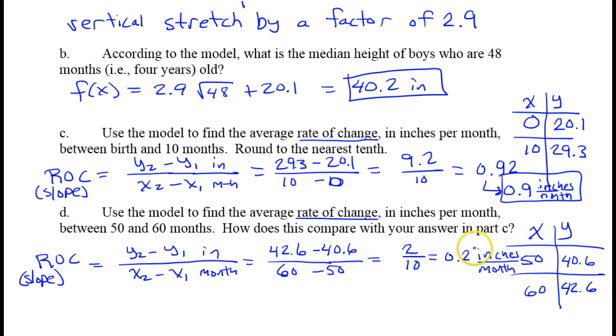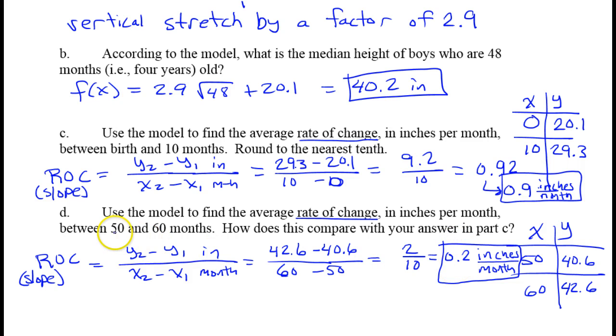How does this compare with our answer in part C? Well, just as we suspected, for the tiny babies from birth to 10 months, less than a year old, they are growing on average very quickly, almost an inch a month, 0.9 inches.